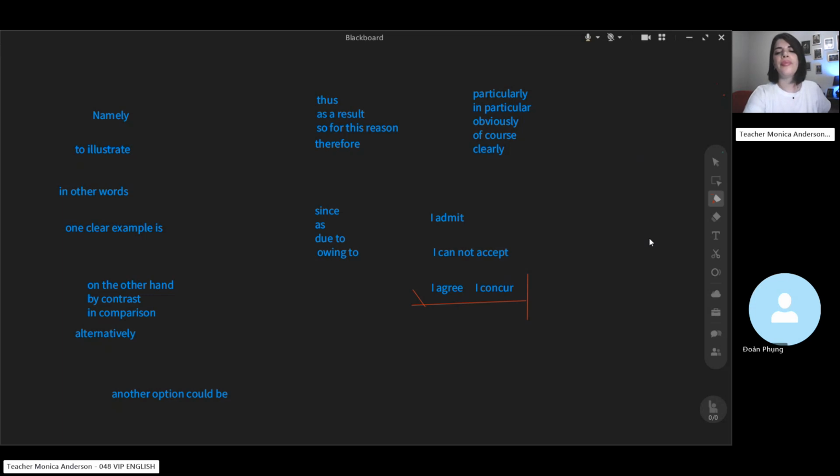But can we use it in writing? Of course, it's right. So settle on means what? Agree. I think we discussed this word before, because I remember you asked me about this.